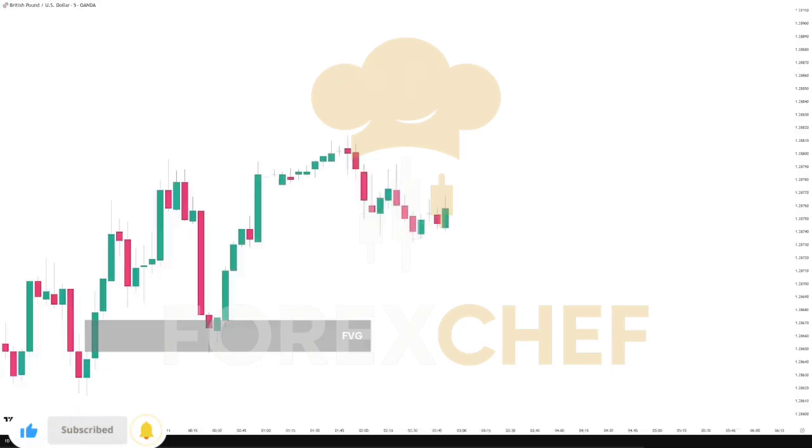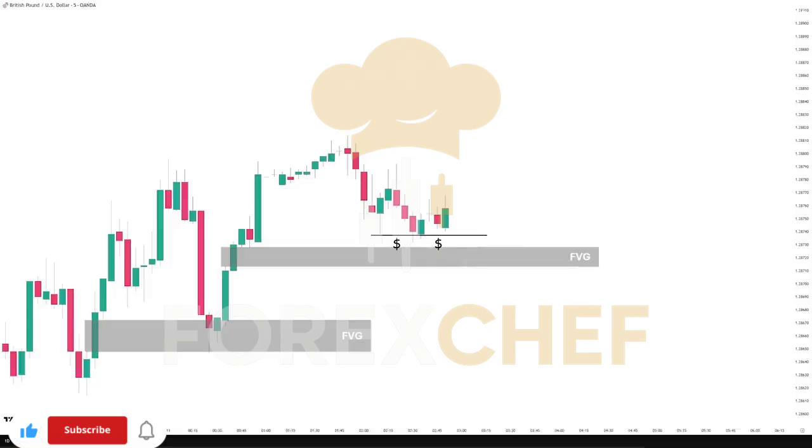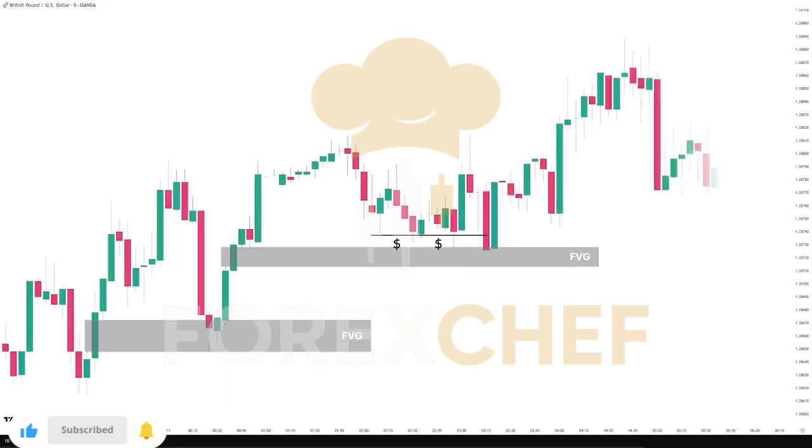Once again, notice how price builds a liquidity pool right above the FVG. The conditions are set for price to engage sell-side liquidity, reject the FVG, and push higher. Of course, this doesn't work every time, however. The turtle soup strategy can take advantage of false breakouts and profit from price reversing back in the trend.